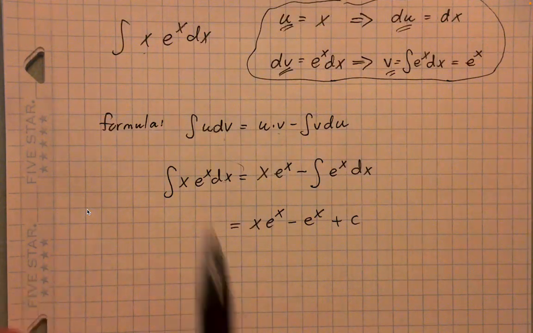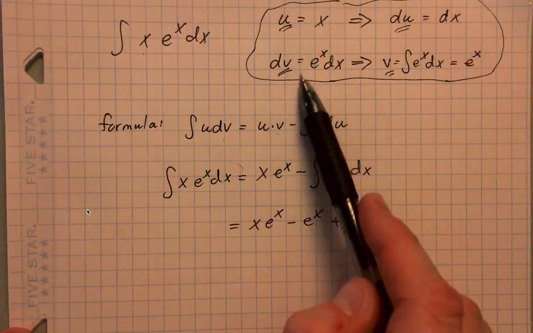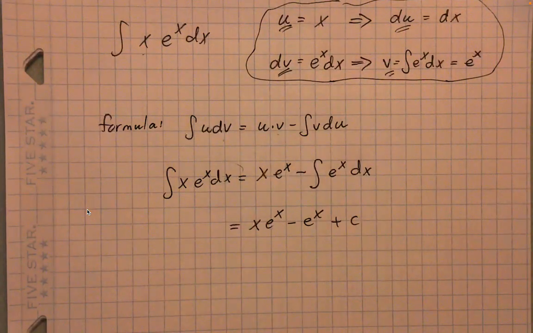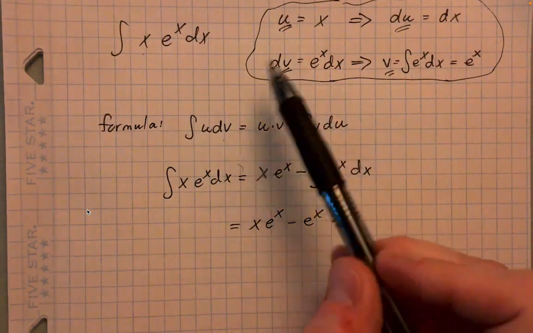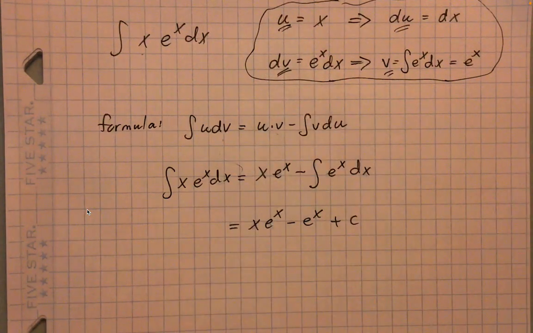All right, so you choose a u and you choose a dv, and you choose them according to these principles: u needs to become simpler upon differentiation, and dv needs to be something you know how to easily integrate. Not necessarily easily, but hopefully easily. Right? dv needs to be integrable. You need to be able to apply an integration rule or some sort of method.